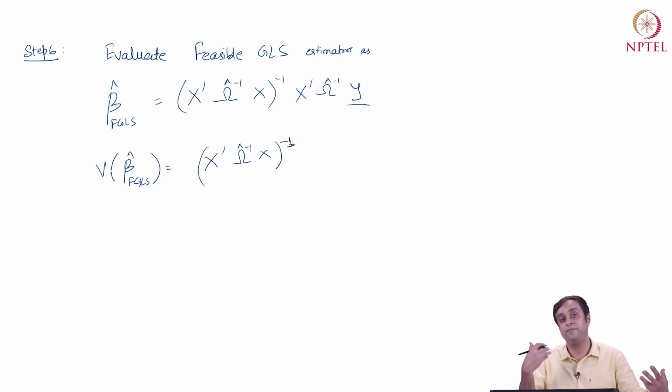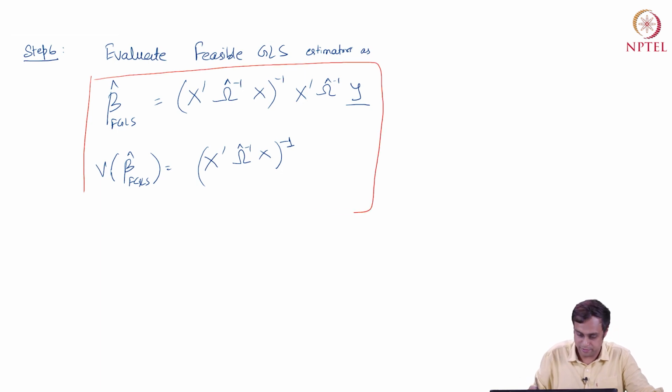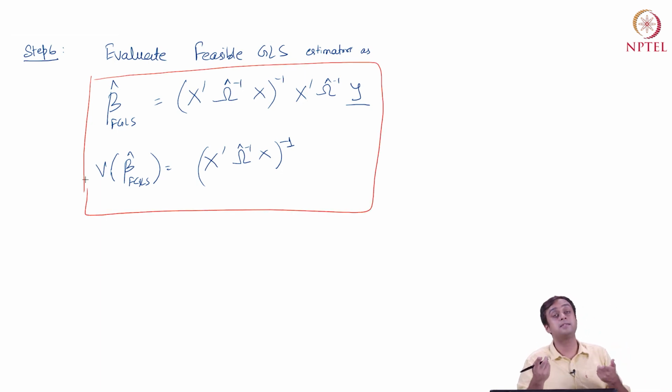So these are called the feasible generalized least squares estimators. They are unbiased and they are efficient in the presence of spatial dependencies in the model errors.